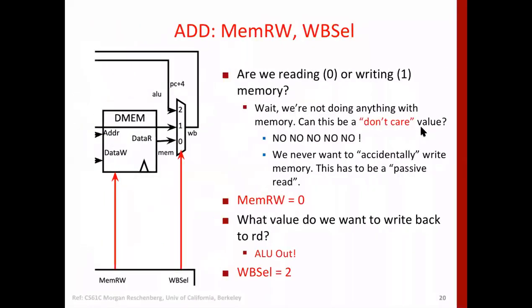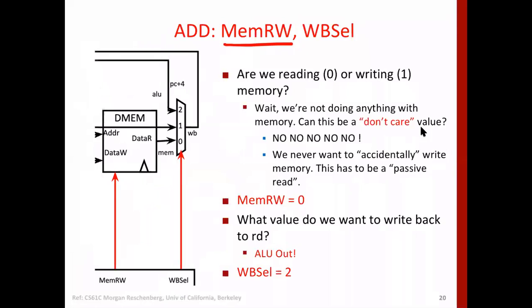All right, and then we have memory write, or read write, which is nothing but data memory. What are we doing here? We are taking 2 registers and storing the result in a third register. Are we using data memory? No. Now can we say it can be anything, 0 or 1, or we don't care?